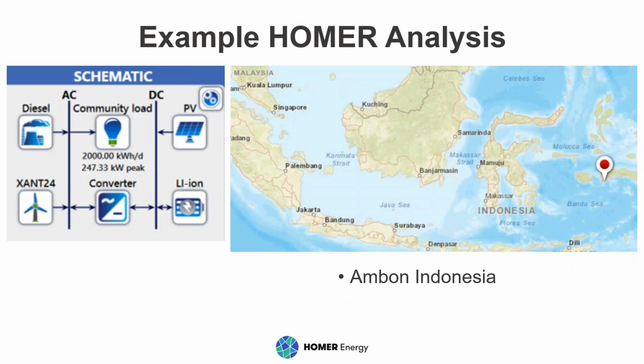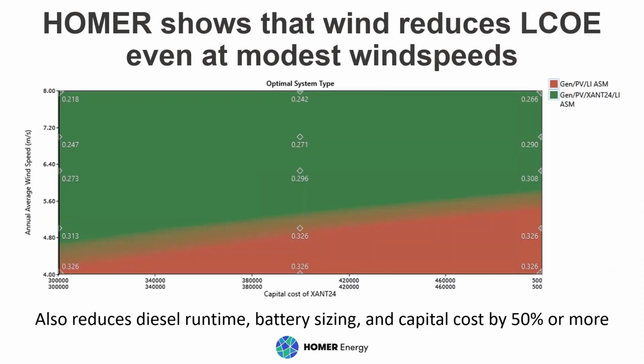And we did two. We did one analysis in Ambon, Indonesia. This is a community, a peak load of 247 kilowatts. We did a sensitivity analysis. So this graph needs a little explanation, but the x-axis is the capital cost of the Zandt turbine. And Alex says that if there's no logistical challenges, you can install one of their turbines for $300,000, a 100 kilowatt turbine for $300,000.